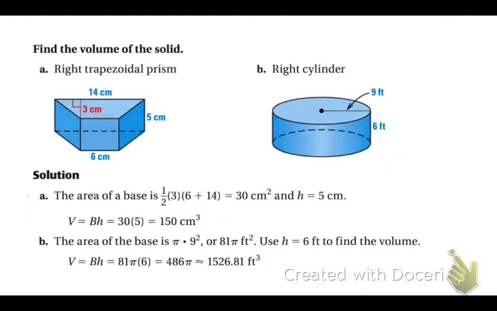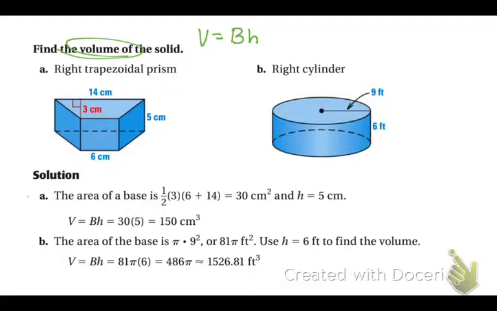Okay, so here's a couple problems. Here we're looking for volumes, not surface area. And remember, our formula for the volume is the area of the base times the height. So here, letter A, which are our bases?